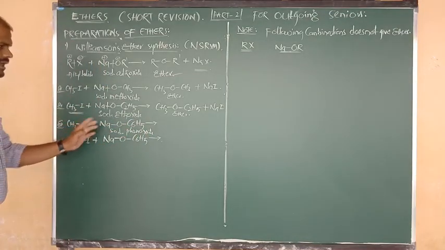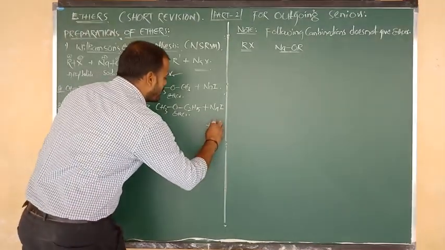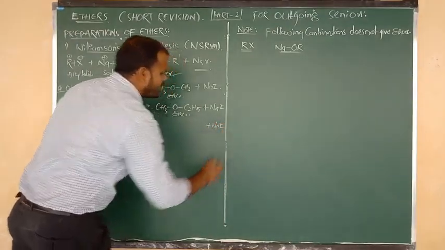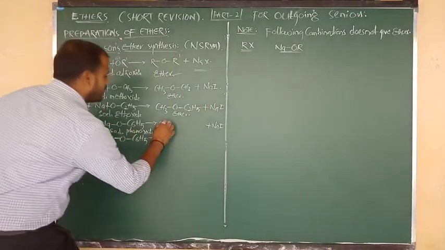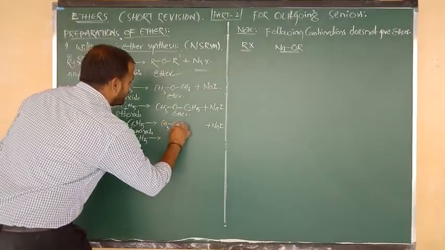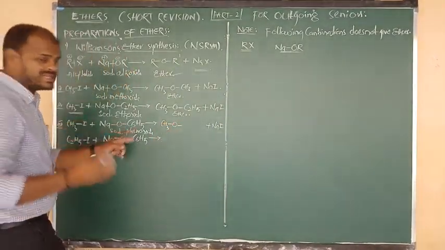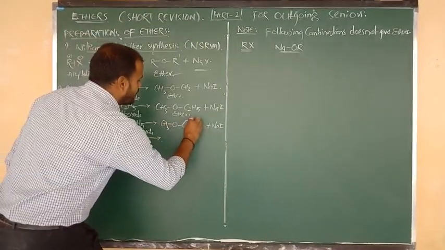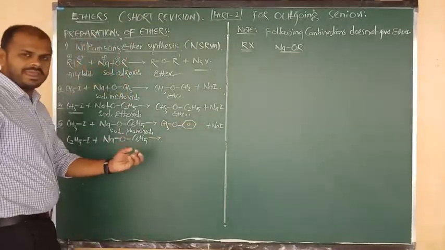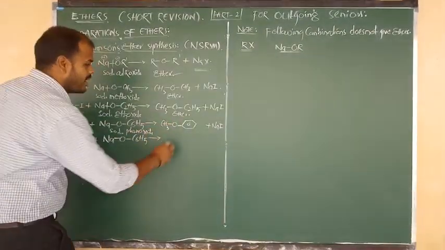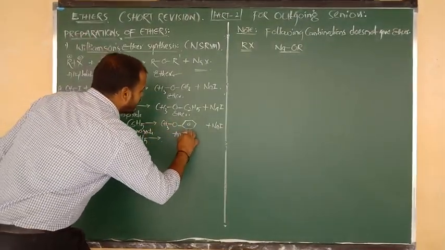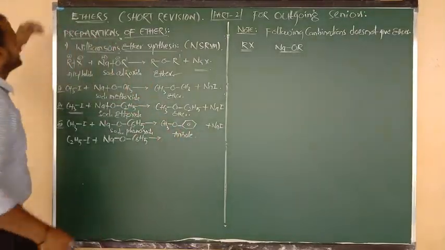Na combines with I and is removed in the form of NaI, sodium iodide. The remaining methyl group adds onto the phenoxy ring, so the methyl group is attached to O connected to C6H5, benzene. That means methoxybenzene, or we can say methyl phenyl ether, and another name of this compound is called what?